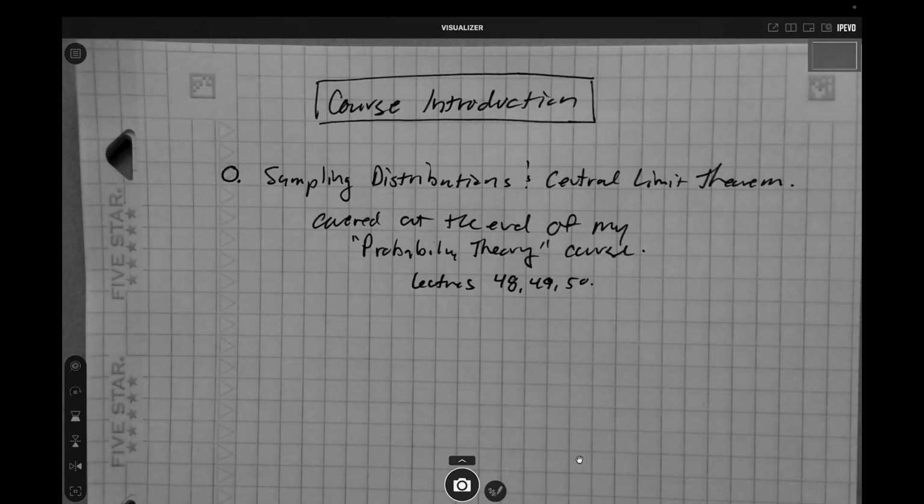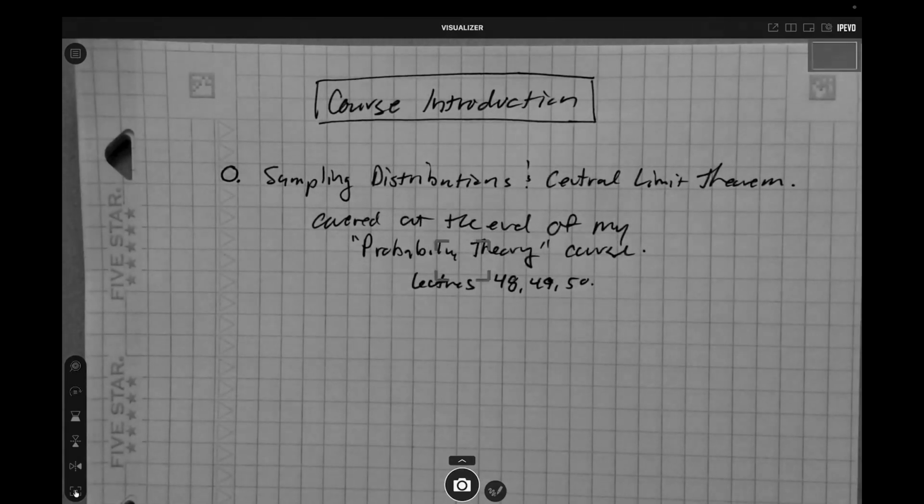Now the reason I bring this up is because, depending on if you're taking a course at a university and you want to augment that with my lectures, this mathematical statistics course may start with sampling distributions. It's also very common for probability theory to end with sampling distributions and central limit theorems. So if you need this material, what I recommend is going to that probability theory course on my channel. You can easily find it, starting at lecture 48.